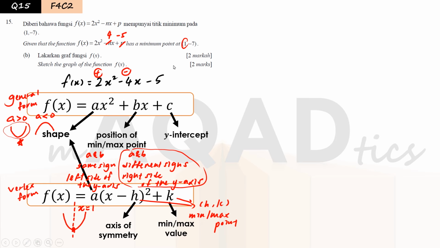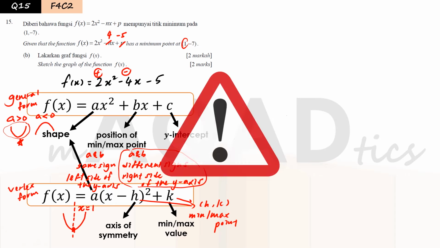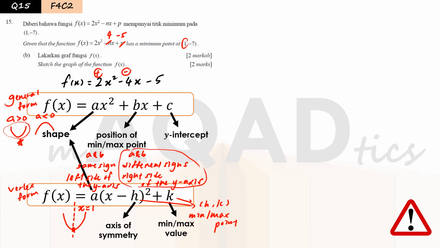Okay, so now we have understood all of the unknowns in the general form and the vertex form. So now let's draw the graph. Alright, so to draw the graph, firstly what I will do is I will draw the shape of the graph first, before I do anything. So we know that our graph is a smiley face, right? So I'm going to draw a smiley face here first.